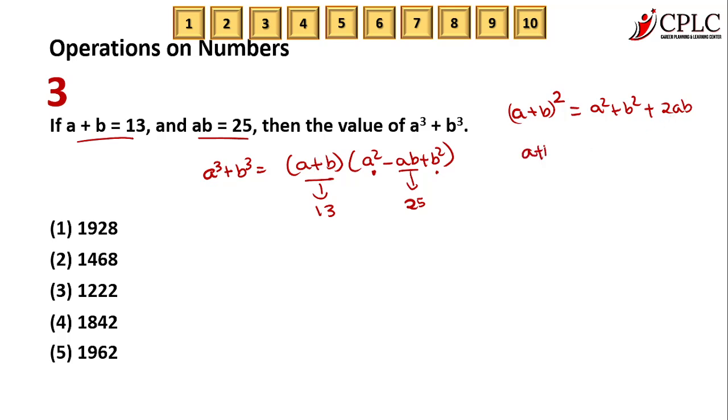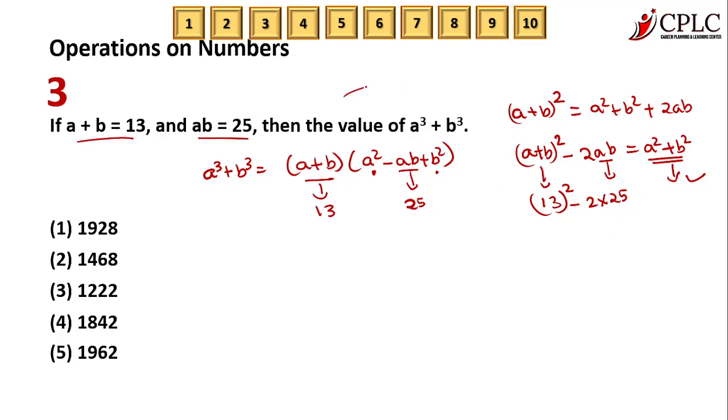So it becomes a plus b the whole square minus 2ab, and we get the formula for a square plus b square. So again, you know a plus b, which is 13, and you know ab, which is 25. You substitute, then you simplify, and you get the answer.